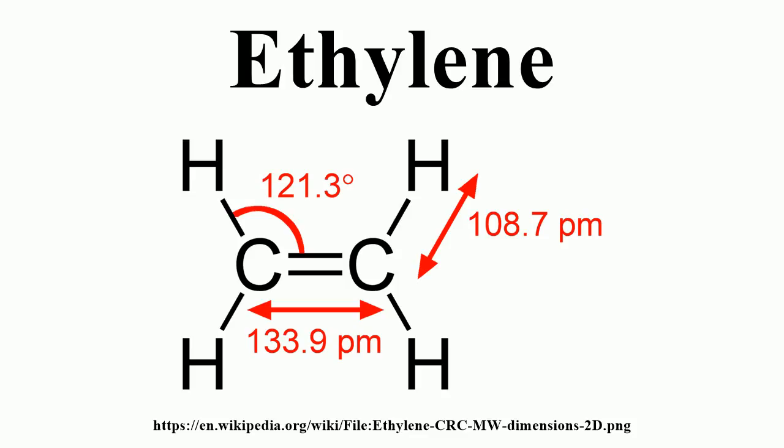Ethylene biosynthesis. In plants, ethylene is produced from essentially all parts of higher plants, including leaves, stems, roots, flowers, fruits, tubers, and seeds. Ethylene production is regulated by a variety of developmental and environmental factors.